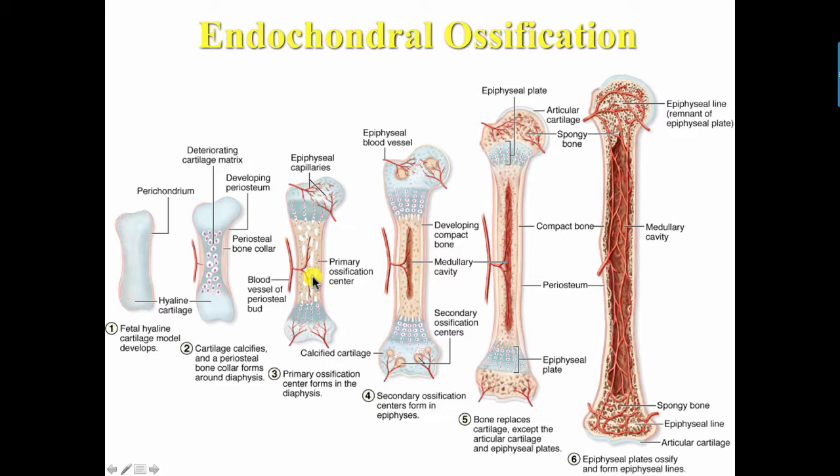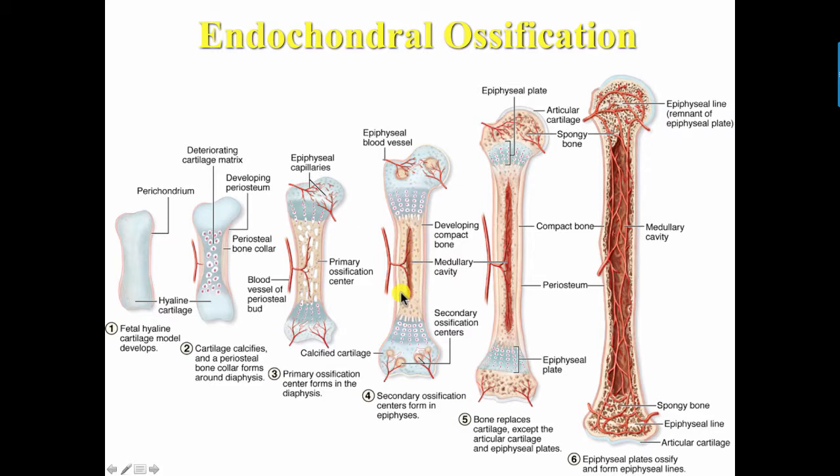In this manner, what was cartilage becomes a primary ossification center, built of spongy bone and constructed on a framework of calcified cartilage matrix.